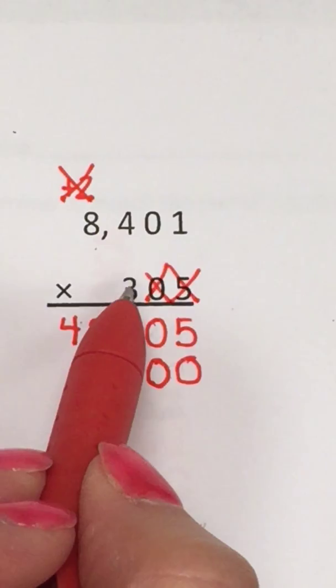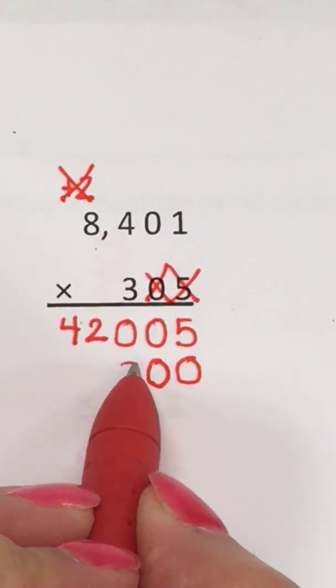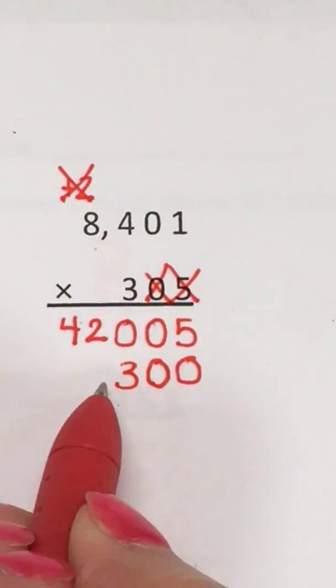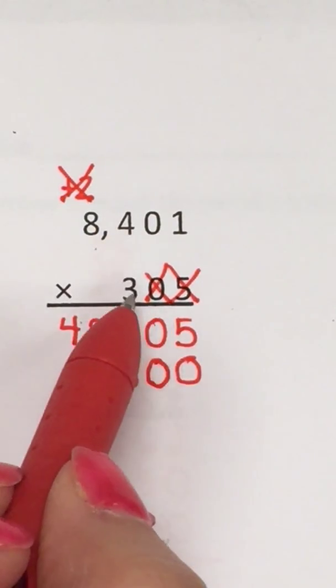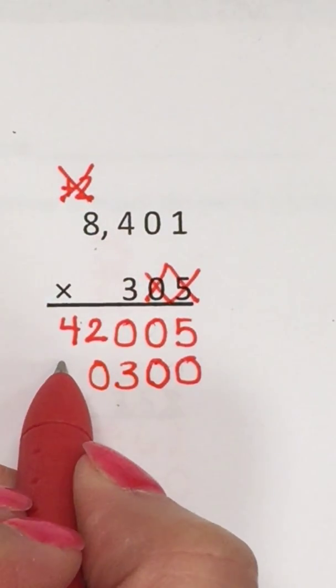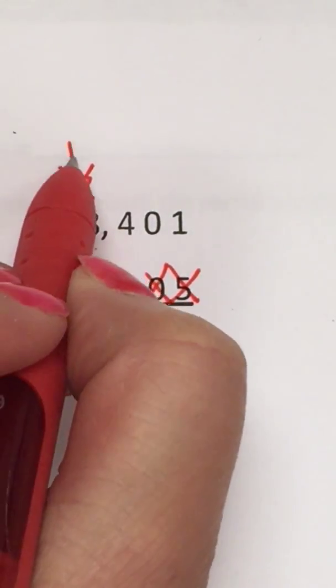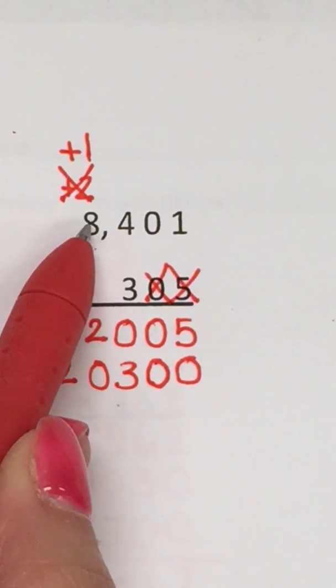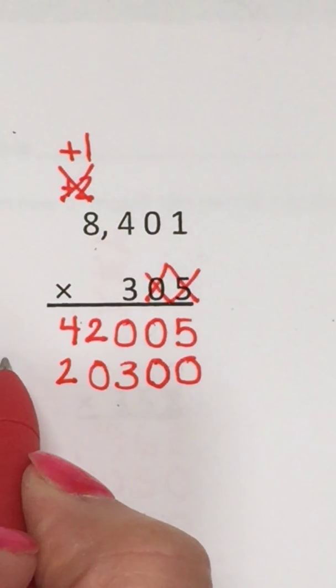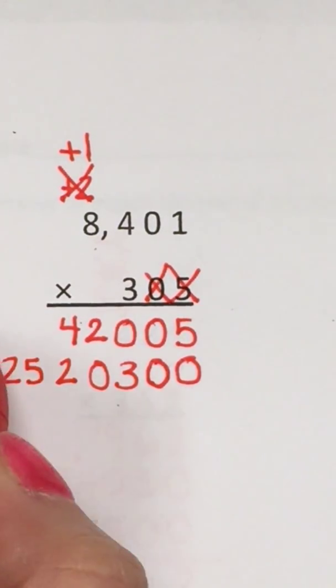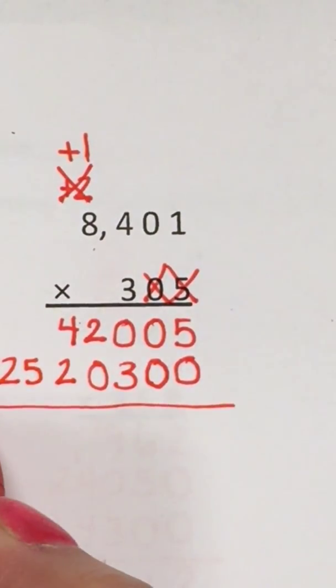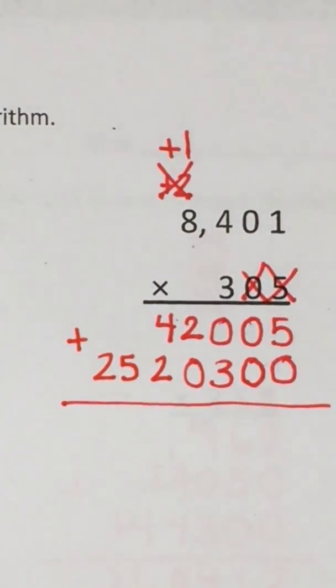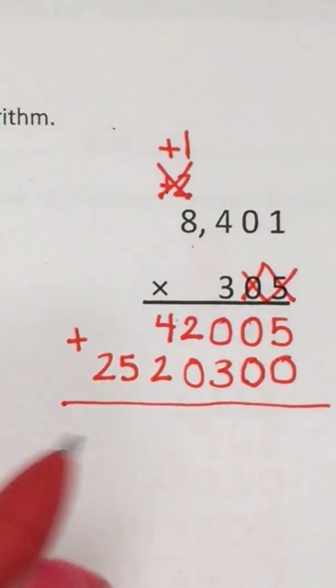So now I can do 3 times 1 is 3. 3 times 0 is 0. 3 times 4 is 12. Put down my 2. Carry my 1. 3 times 8 is 24. Plus 1 is 25. And see how this gets bigger and bigger, and it becomes more and more important that all of your digits are lined up.